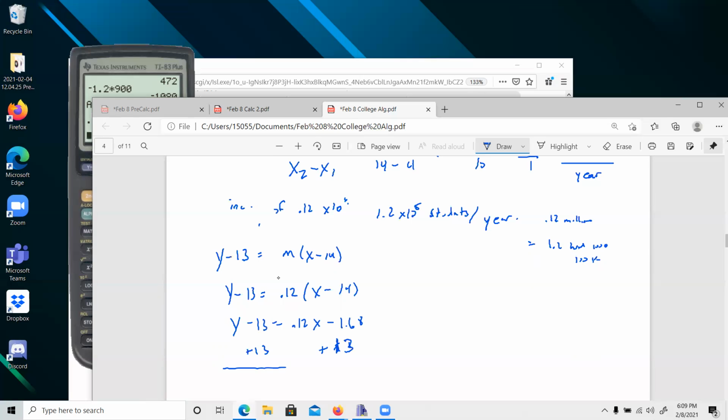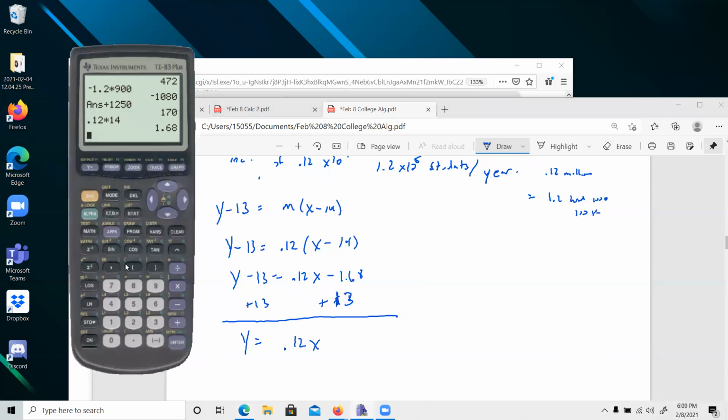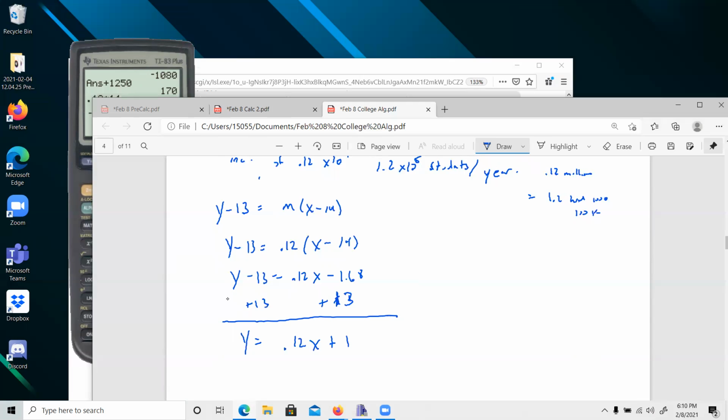So here we go. We have y is equal to 0.12x minus 1.68 plus 13. Actually, I think I asked a problem almost exactly like this to my stats class.